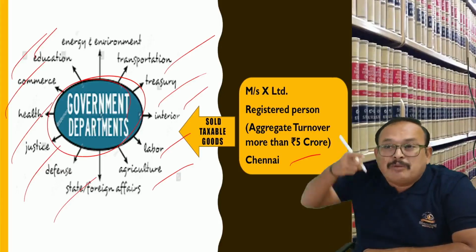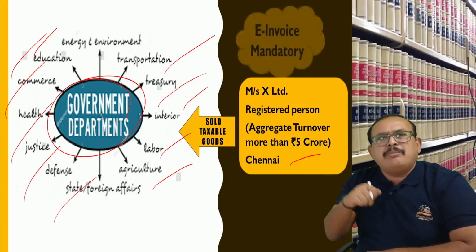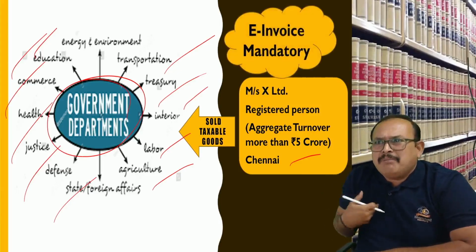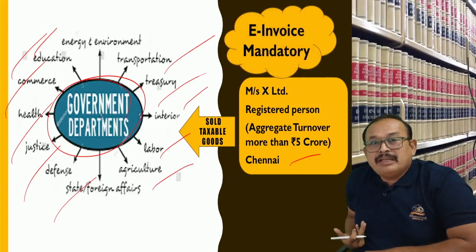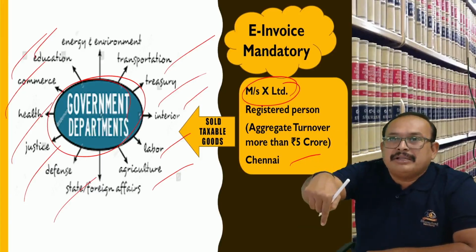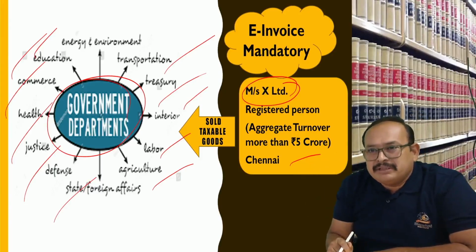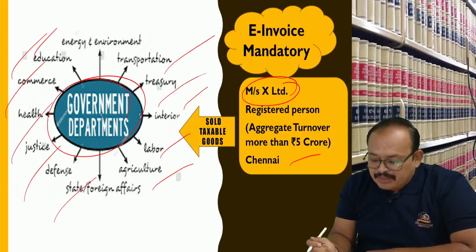If I supply to a government department, is e-invoice applicable for me? Well applicable. I am the supplier, I am not the government. If X Limited were a government, then e-invoice would not be applicable. This is also a clarification by CBIC.